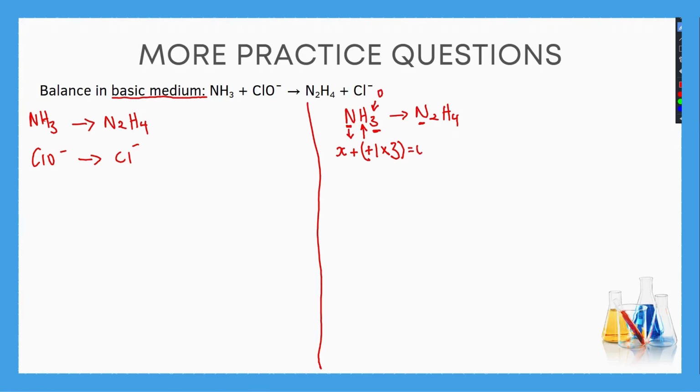So we have X plus 1 times 3 gives us 3. This is equal to 0. So X plus 3 is equal to 0, and finally, X is equal to -3. So the oxidation number of nitrogen in this compound is -3.